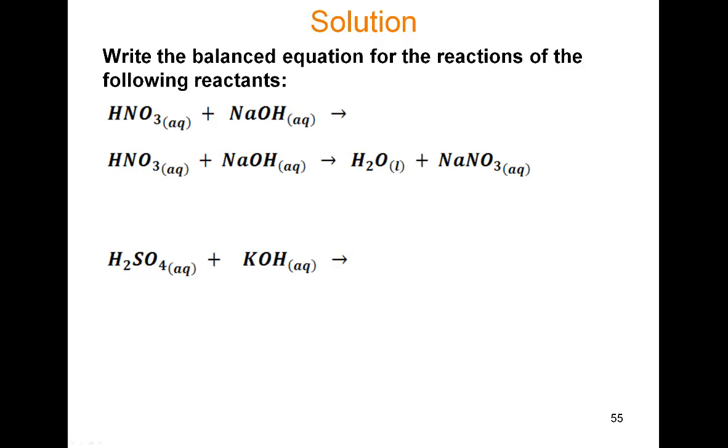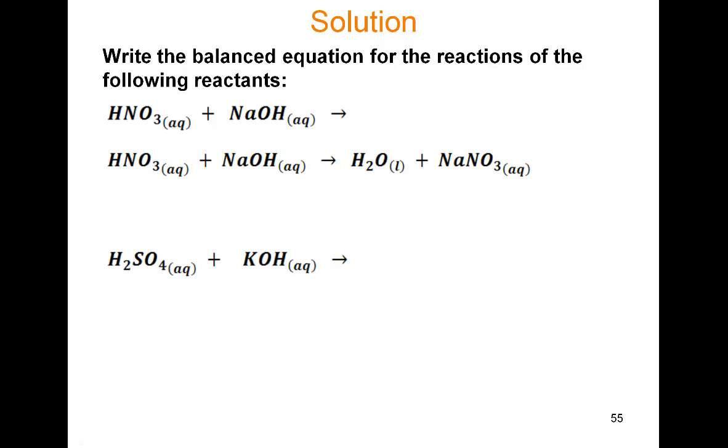And on the right, we have 2 hydrogens in the molecule of water. The last thing is the oxygen in NaOH, and we retrieve that oxygen in water, 1 oxygen. Notice how I don't count the oxygens that are associated with the nitrate ion. These have been counted as a unit. The nitrate ion, you want to count it as one thing and not dissociate it. So this is balanced.